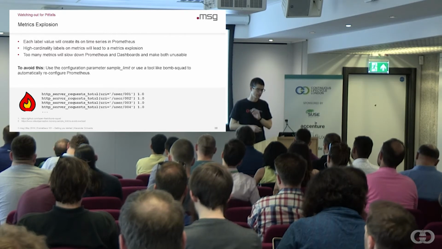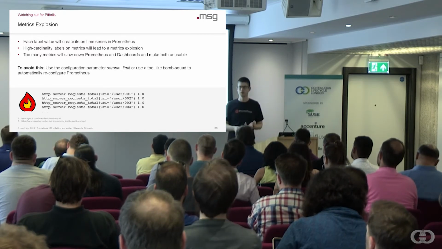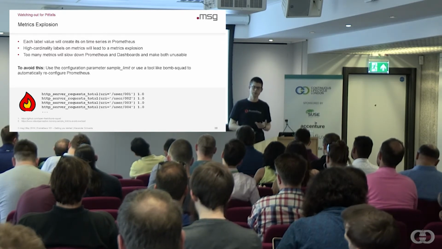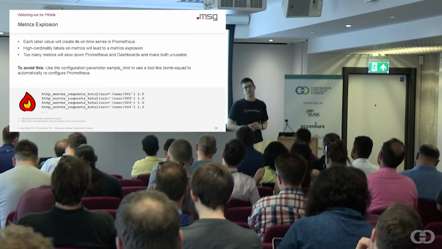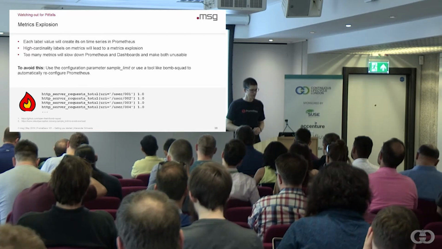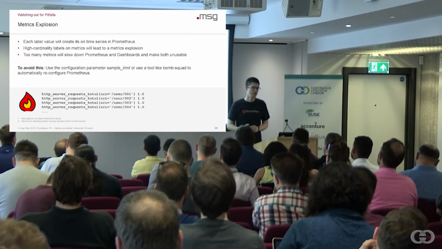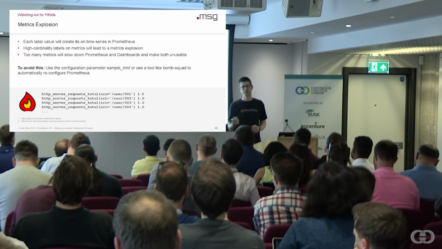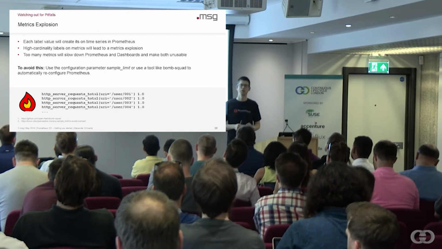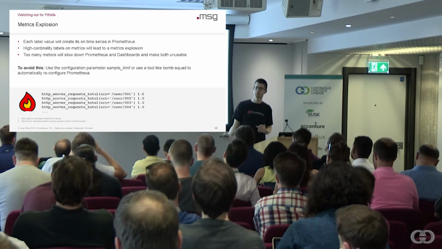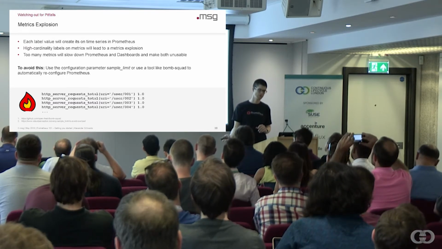Too many metrics will slow down Prometheus, slow down your dashboards and make them actually unusable, and probably get Prometheus into a state where it's no longer able to send out alerts. To avoid this, there are at least 2 strategies I know. One is to define a configuration parameter, sample limit, that will limit the number of metrics being provided by one exporter.